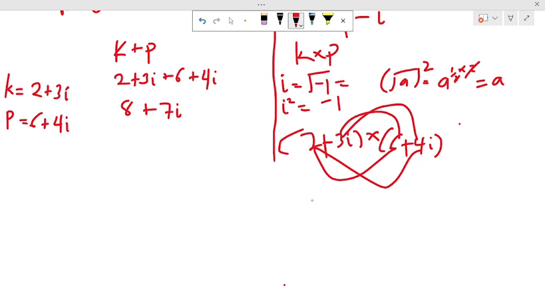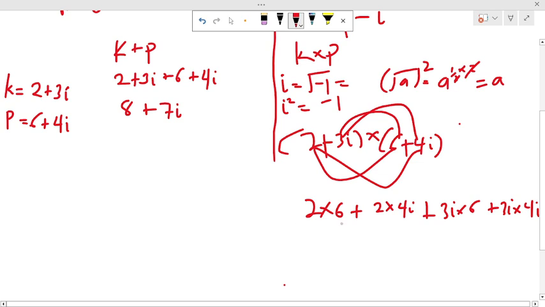So we are going to get 2 times 6 plus 2 times 4i. Then we also get 3i times 6 plus 3i times 4i.